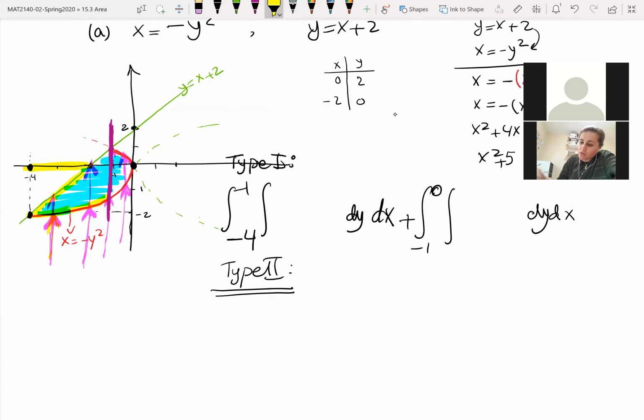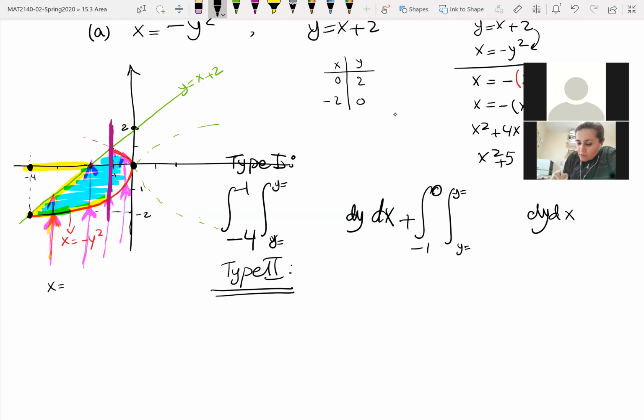So for -4 to -1, what is the bottom piece?